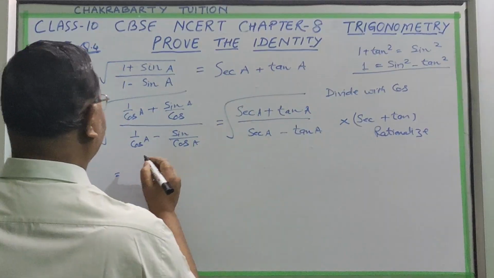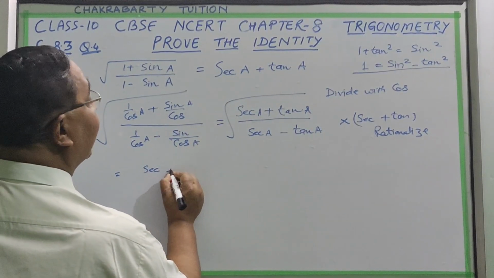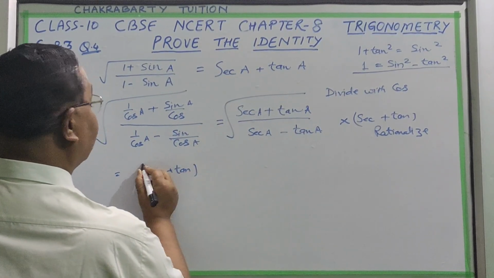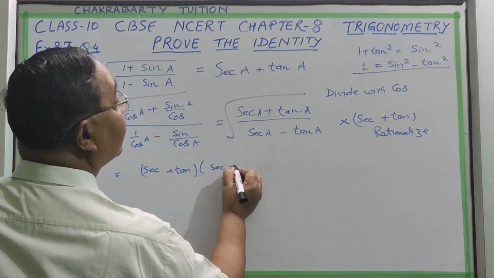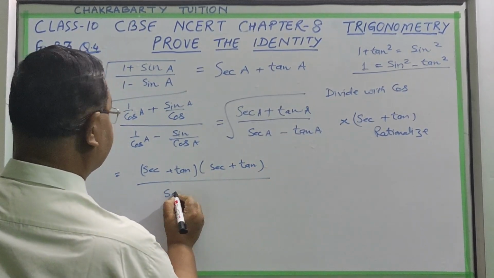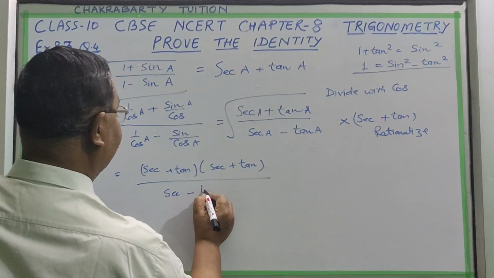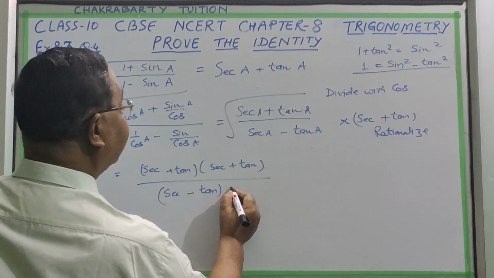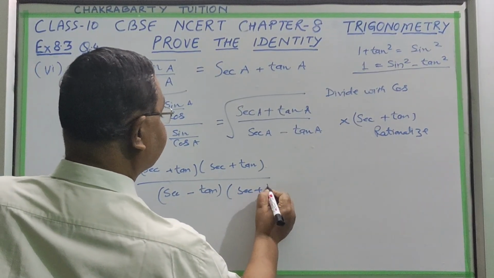So it will multiply the upper portion also: sec plus tan multiplied by sec plus tan, and on the lower side sec minus tan and sec plus tan.